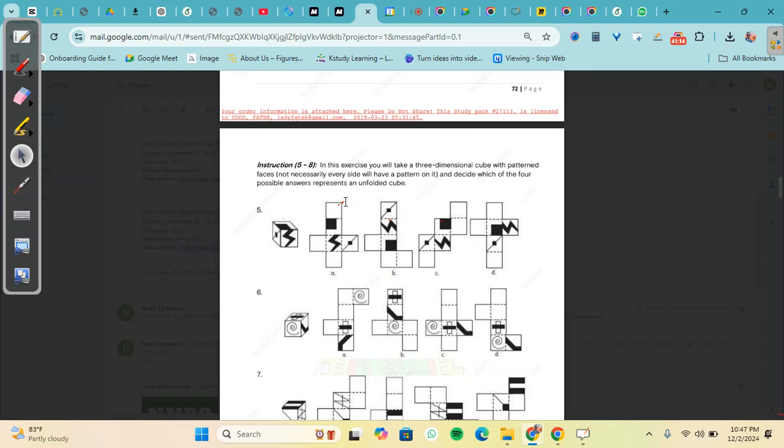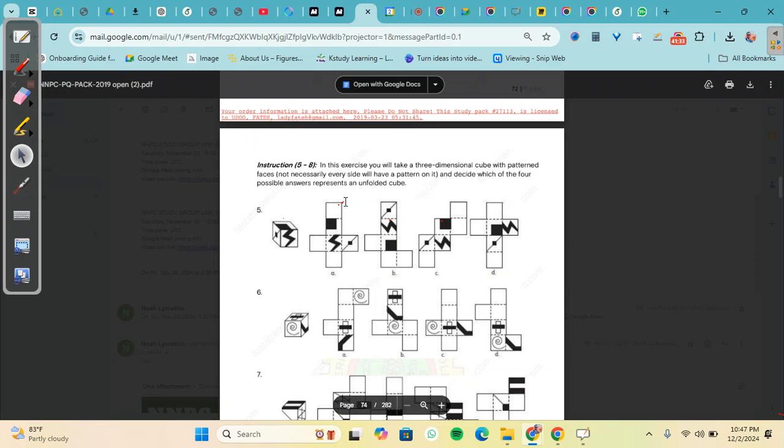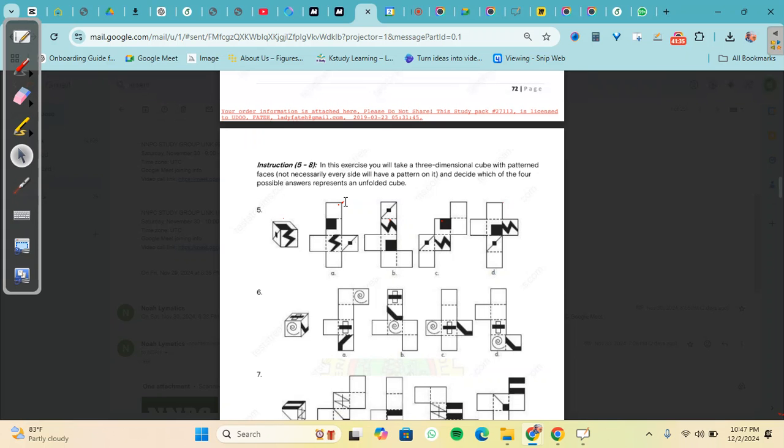Option A is trivial, because this S is beside this black dot with a diagonal line here, and I can see the same S sign here, with just this number five close to it. It's not A, right?